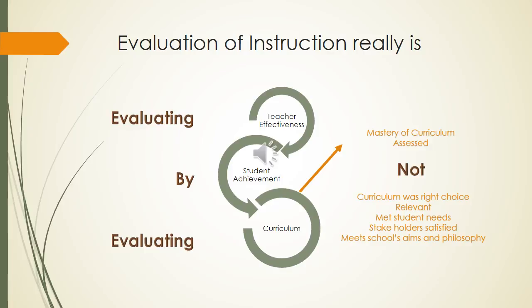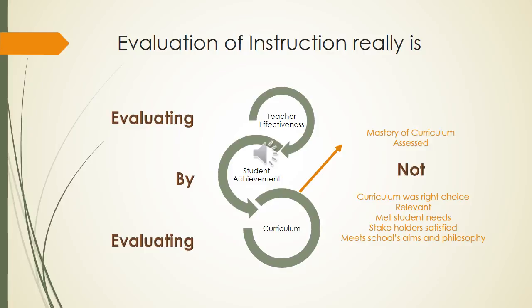Well, evaluation of instruction is really the evaluation of teacher effectiveness, not necessarily their ability to teach, but how effective the teaching is. And so when we look at what we do with our teacher evaluations, oftentimes they really do not say much about the quality of instruction as much as they say about the effectiveness of the teacher.